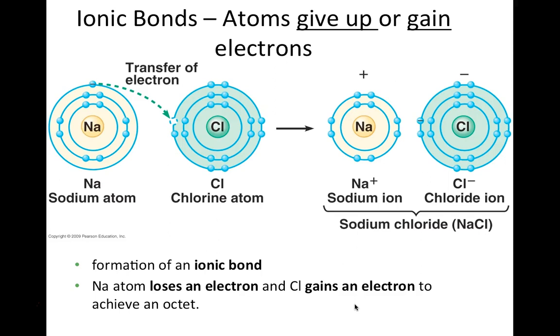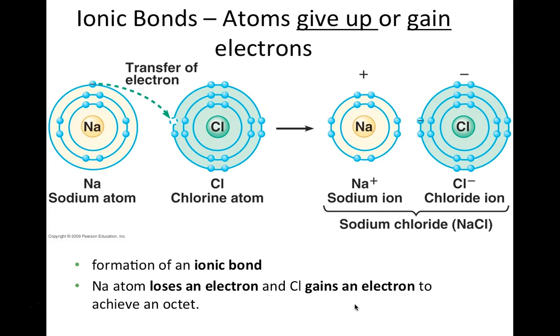Because of the rule of octet, notice that sodium has one lonely little electron in its valence shell, whereas chlorine has 7. Ideally, we want to have a nice full, intact valence shell. So, notice that the sodium atom transfers its electron to chlorine.